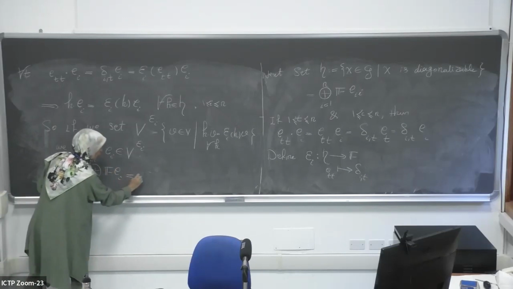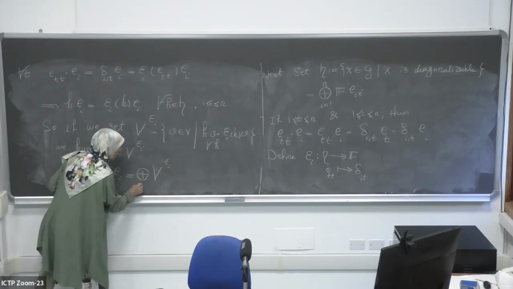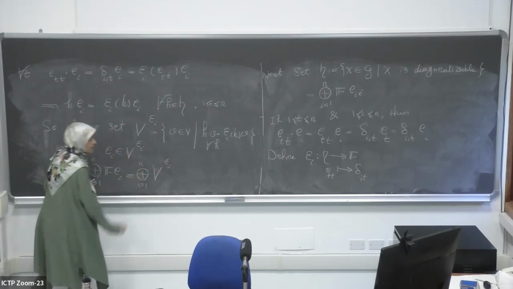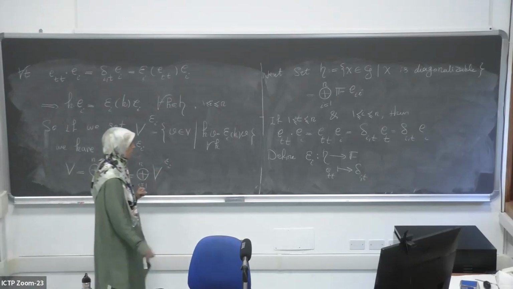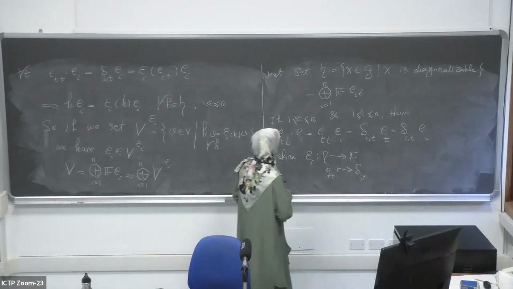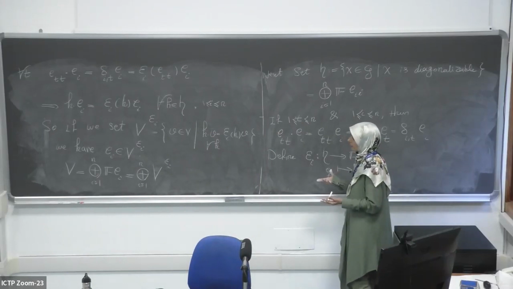So we have V_epsilon_i. In fact, we have a decomposition for this V. Okay? What happened here?